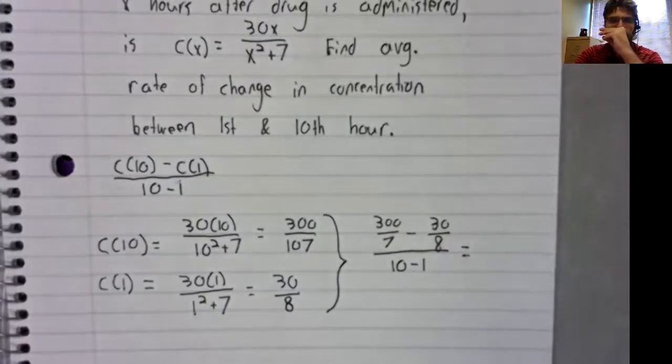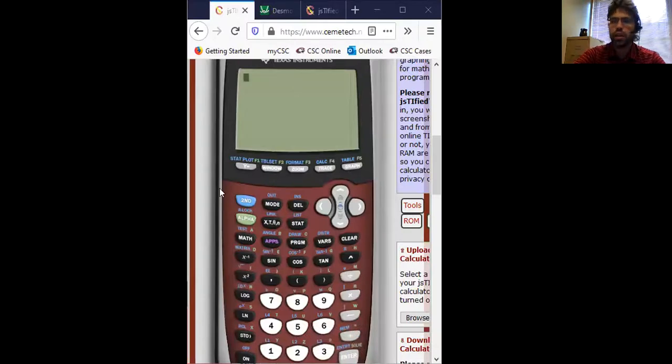And let's just hop over to our calculator and we'll type this in. So the numerator and denominator should both be in parentheses.